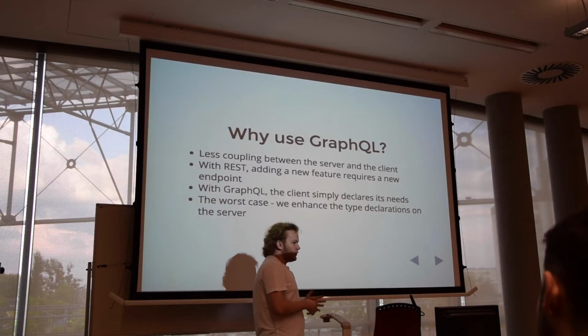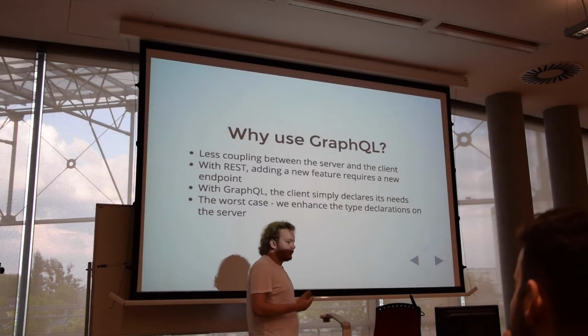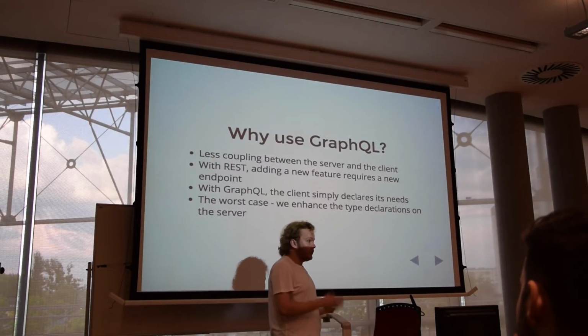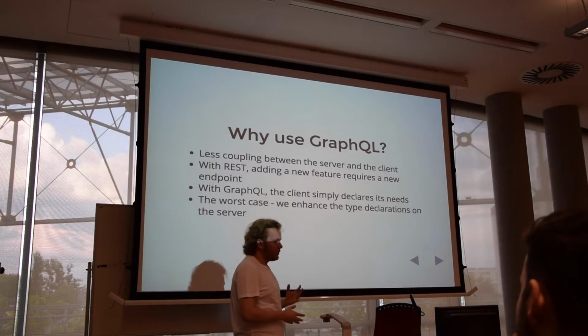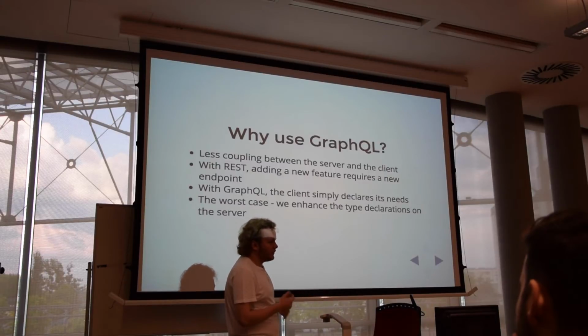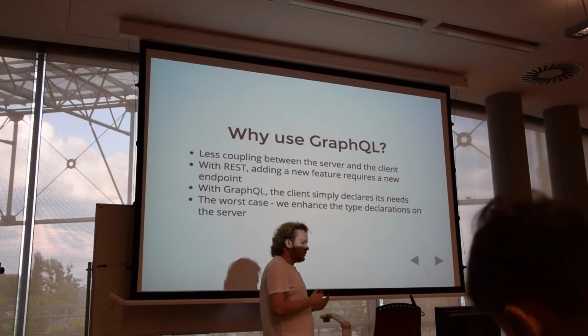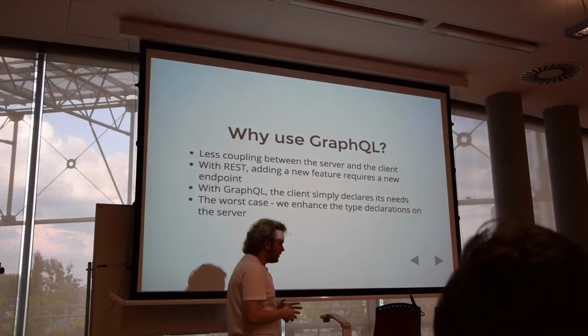And if we want to create a new version of our application, then we also have to create separate endpoints for that. If we have an application with lots of features and lots of versions, the number of endpoints and the maintenance of those can really explode.